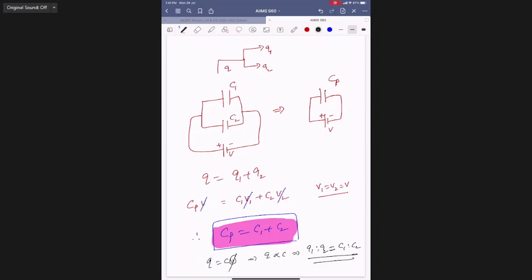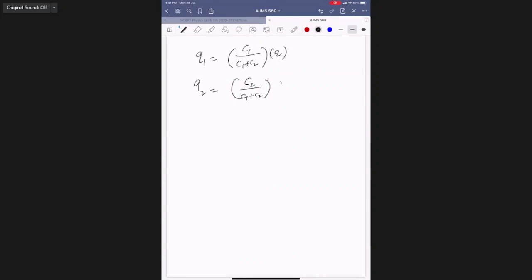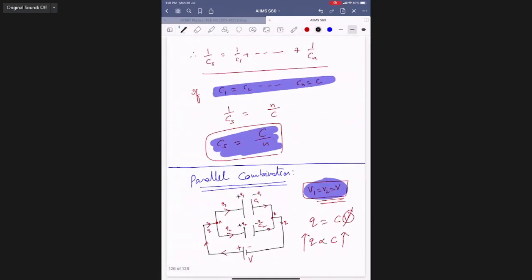Then Q1 is C1 by C1 plus C2 of total charge. Q2 will be C2 by C1 plus C2 of total charge.